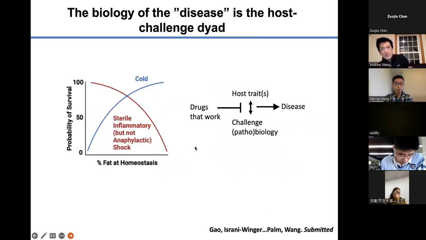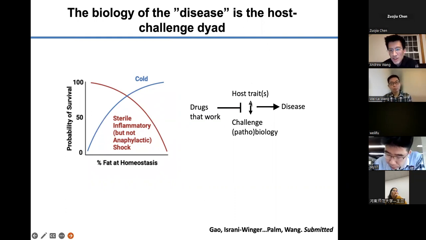So how we're thinking about these sets of observations, in trying to understand why you can get such different phenotypes with highly homogeneous groups of mice in a highly homogeneous environment, is that there is some host characteristic, and we would propose there may be a host characteristic for many of the models that we use in preclinical testing that interacts with whatever challenge you're giving the animal to model human disease.